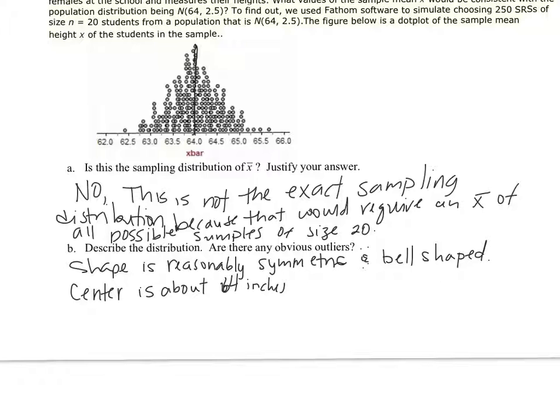And the values vary. So this is the spread, from it looks like 62.4 to, where the highest point is, about here, 65 point, let's go with 7.